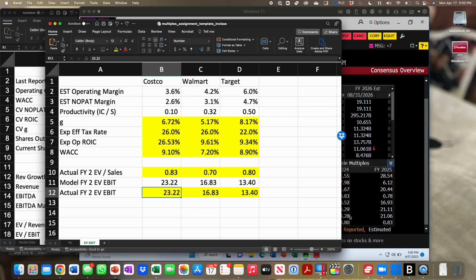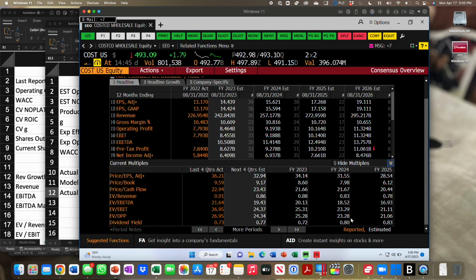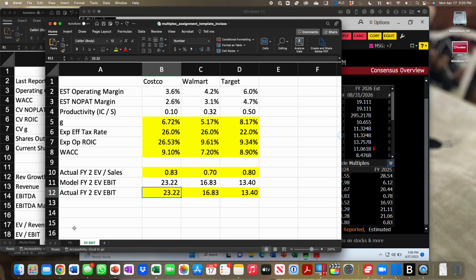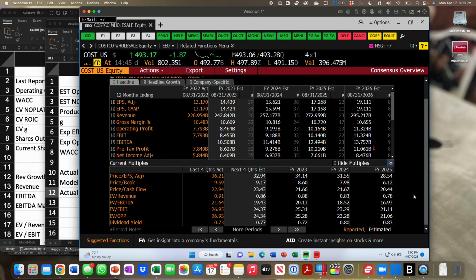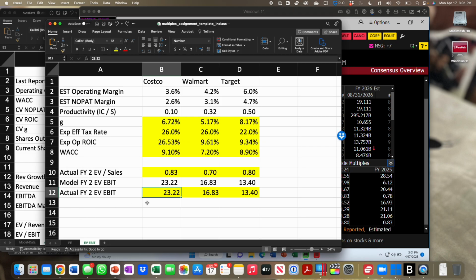For Costco, EV to EBIT, second forward year, 23.29. Again, slightly different because I did it this morning and their share price today is up $1.87 since this morning. So therefore, it's going to be a slightly lower EV to EBIT, the higher share price. But nonetheless, put in the current data, repeat this process for Target and Walmart.